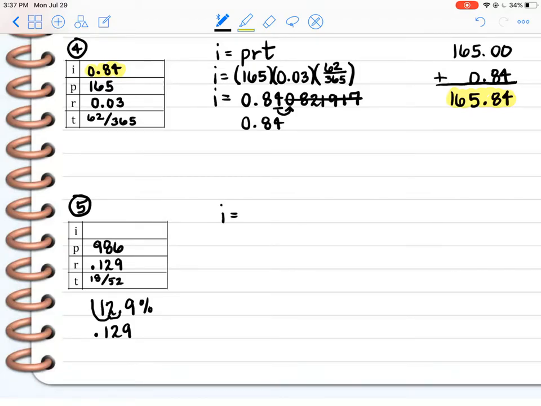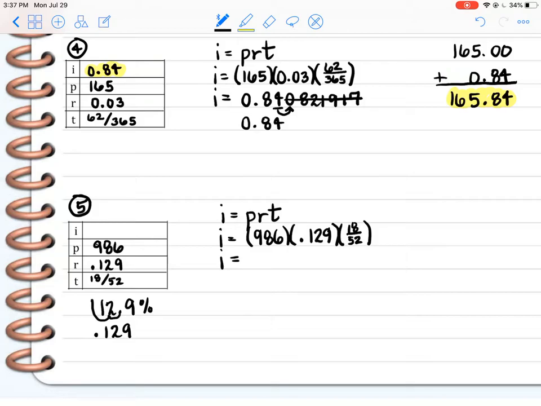Not 18 years. My goodness, that would be a lot of money. So we're borrowing the $986 at a very low, not a low, I'm sorry, that's not low. 12.9 is pretty high. 18 over 52, that's 18 weeks.